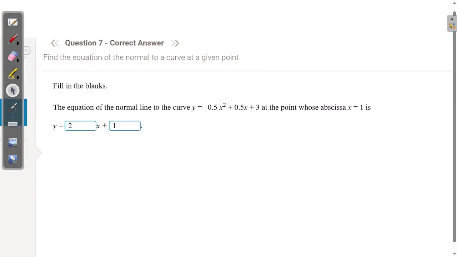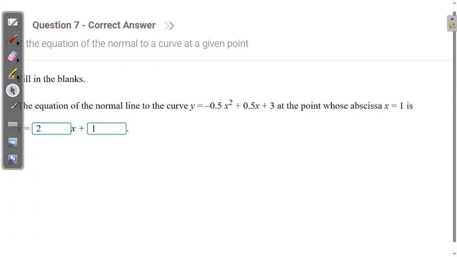The equation of the normal line to the curve at the point whose abscissa x equals 1 is what? So for the normal, first of all, you need to find the slope of the normal to get the equation. To find the slope of the normal, it's negative 1 over the slope of the tangent, which you find from the derivative.